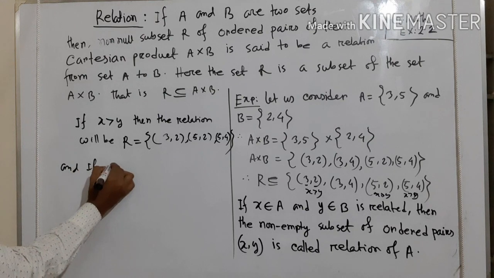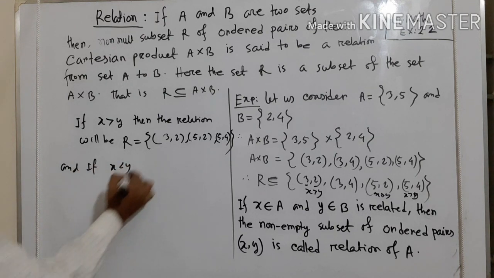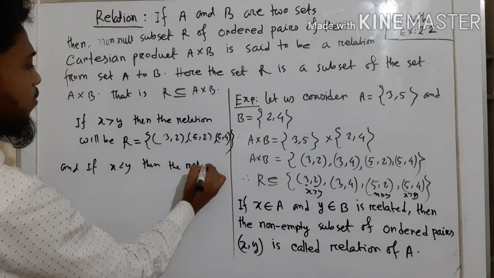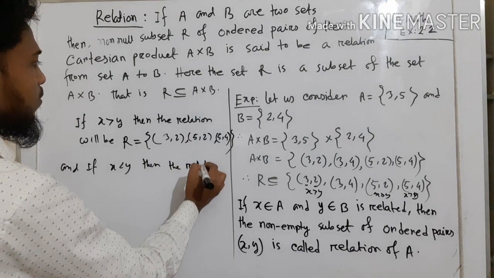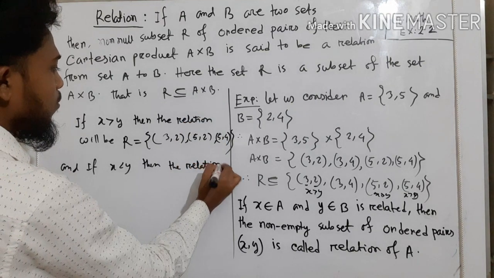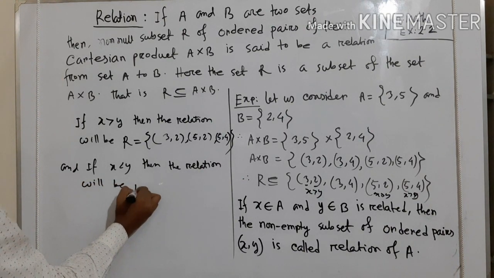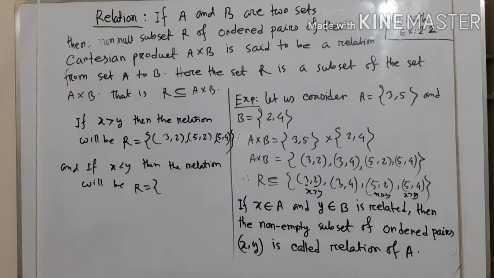If x is less than y, then the relation will be R equal to, here x is less than y.